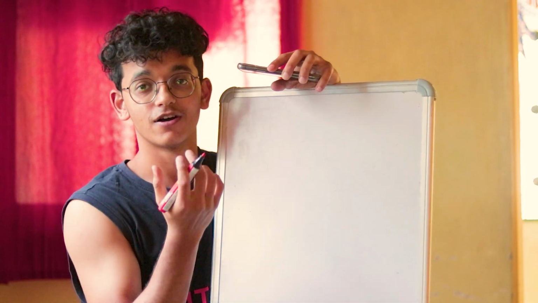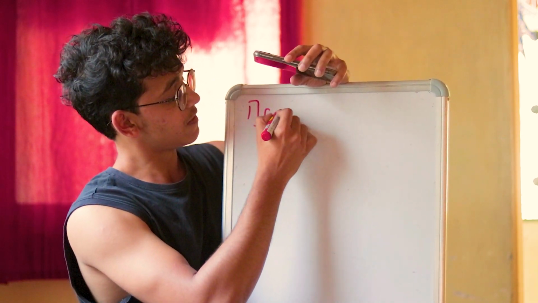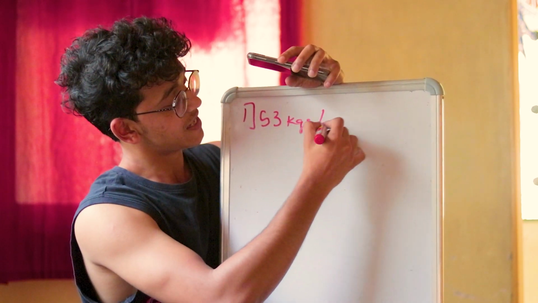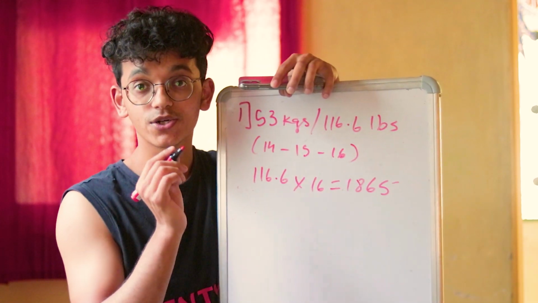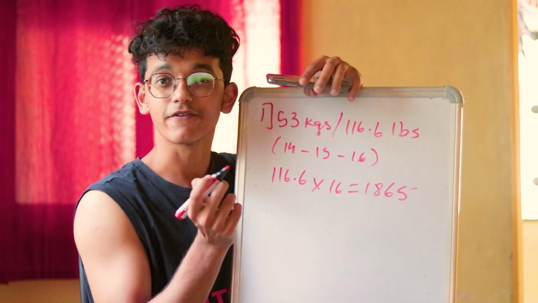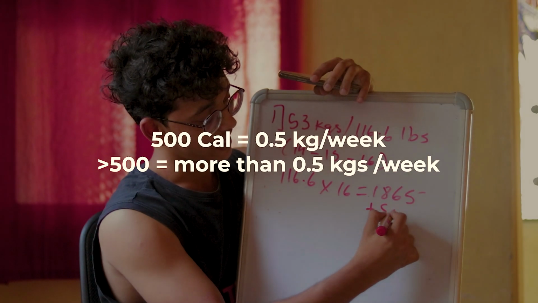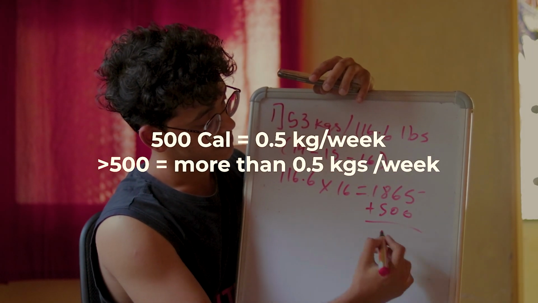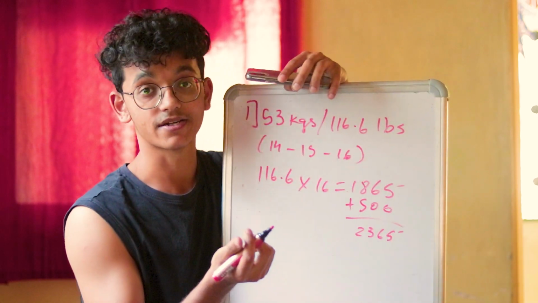I ran out of black marker, so here we are again. Where were we? 53 kgs, that is 116.6 lbs. So if you want to gain 500 grams per week, you will add 500 calories, which becomes 2365, approximately 2400 calories.